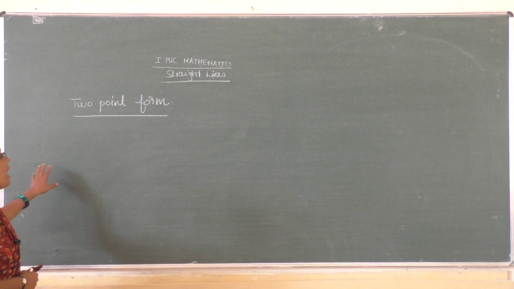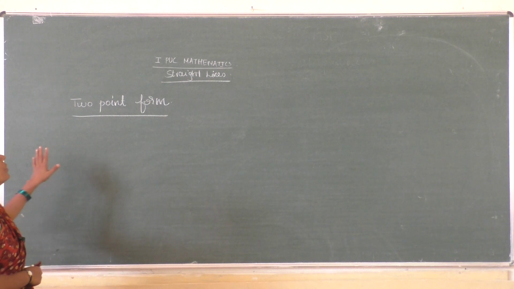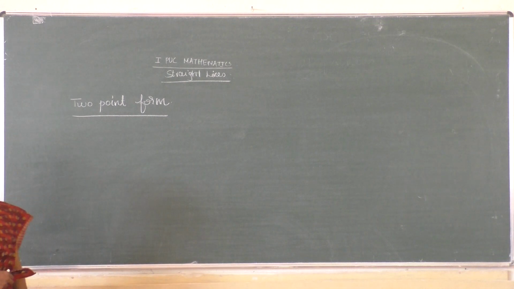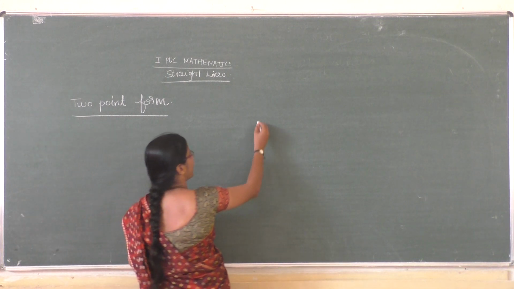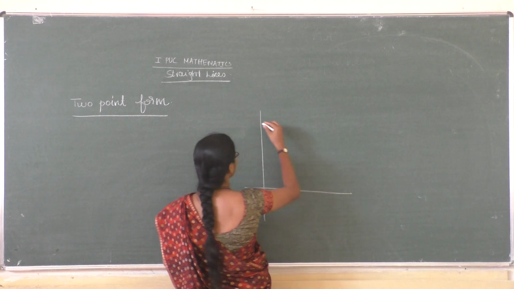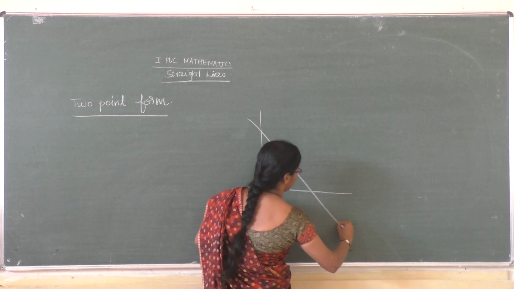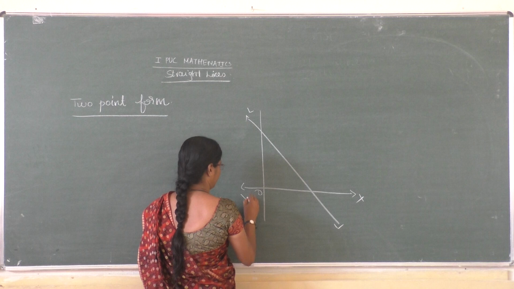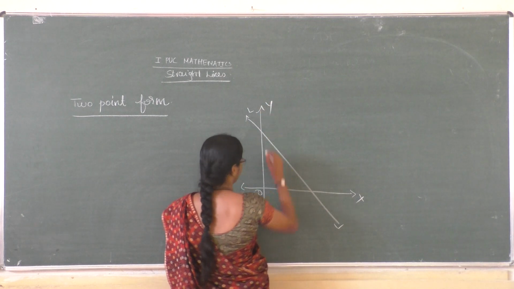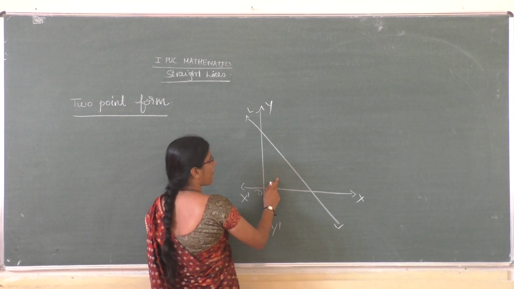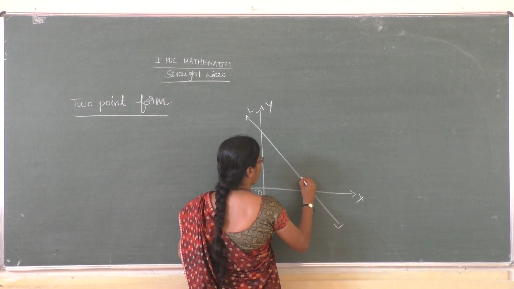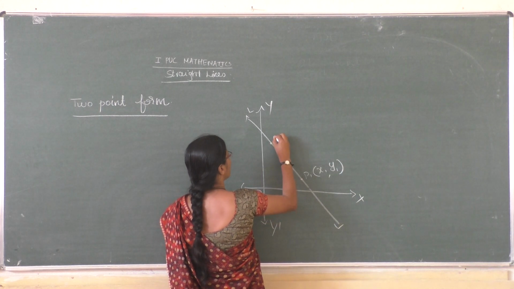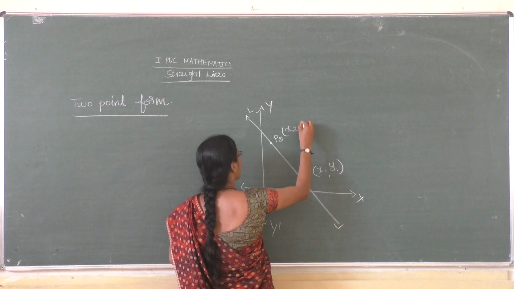Suppose we have a line L which passes through the 2 points, then we have to find the equation of the line. So take one point P1 of x1, y1 and another point P2 of x2, y2.